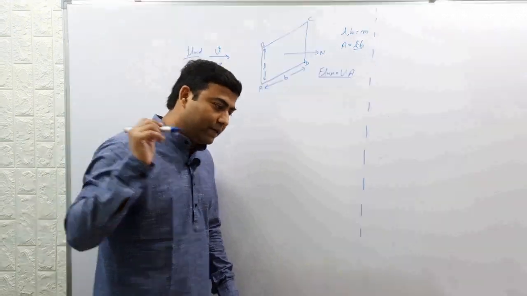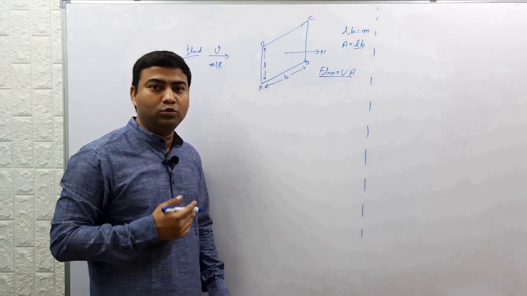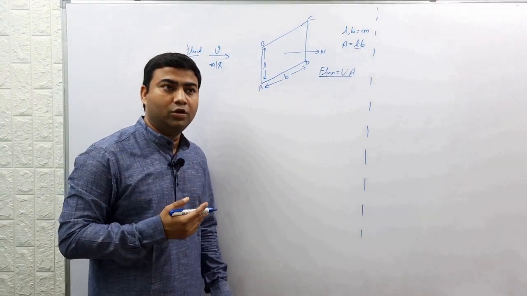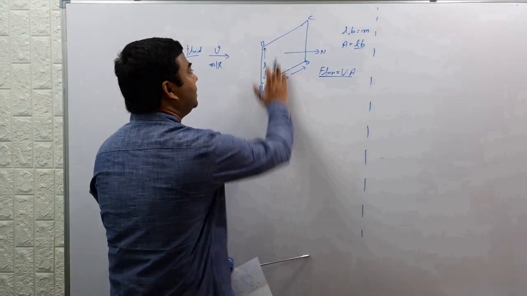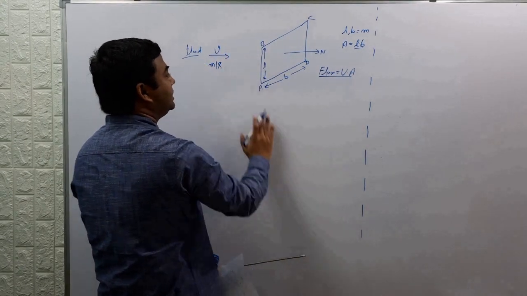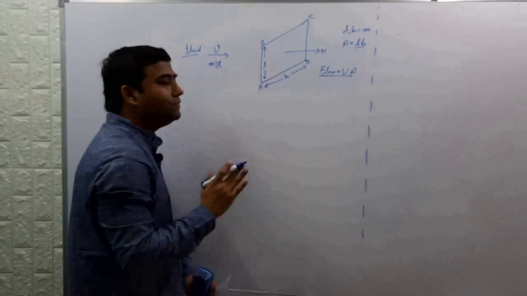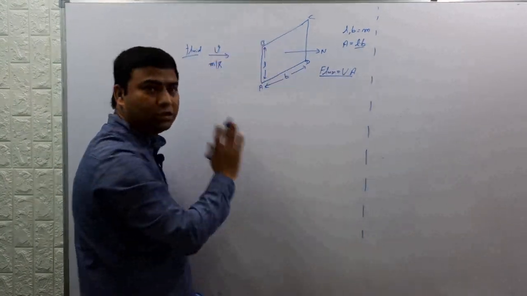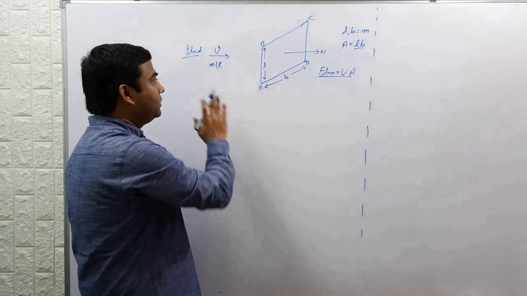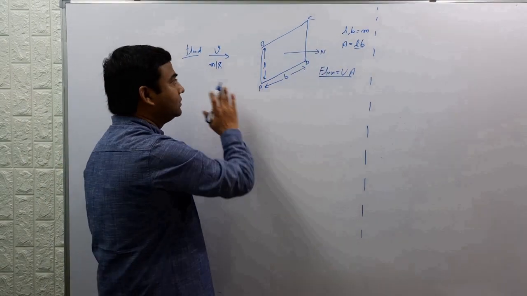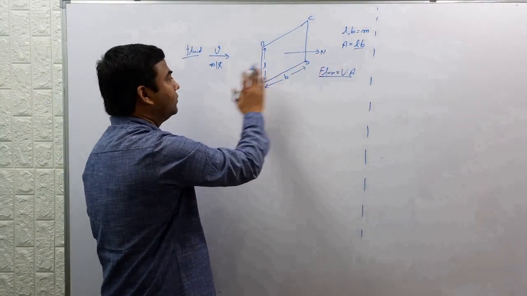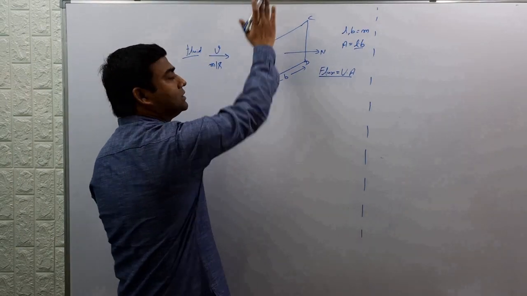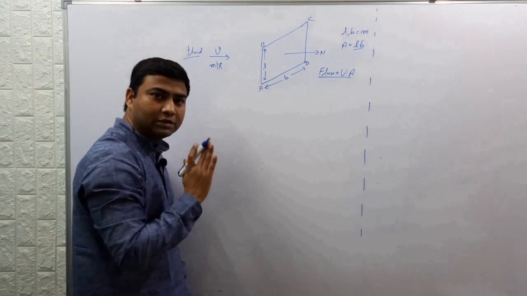If direction is perpendicular, then it will certainly pass through that area. Or if the direction of velocity is parallel to this area, then we can say the flow passing through this area is zero, the fluid crossing this area is zero.